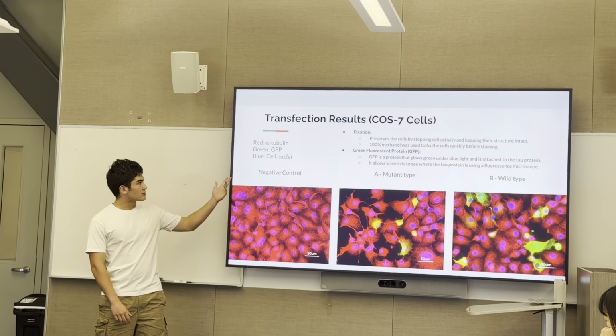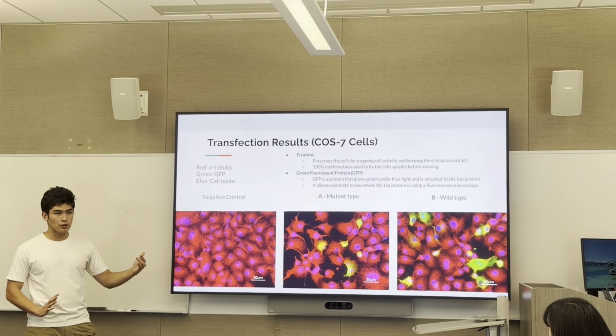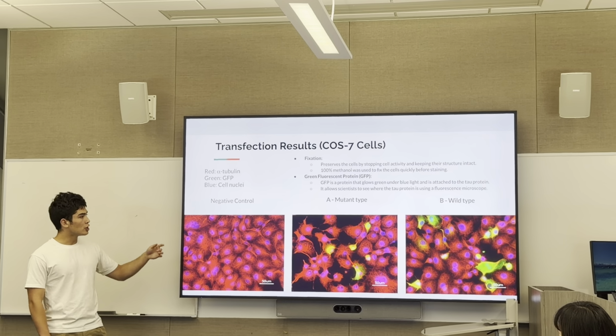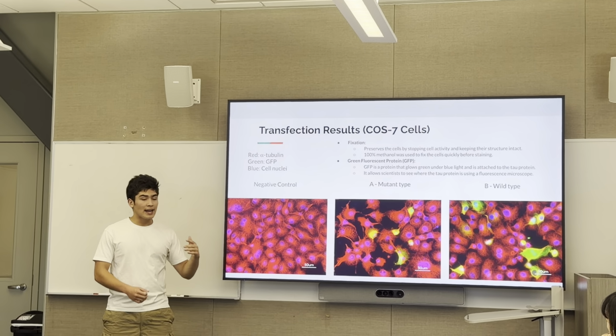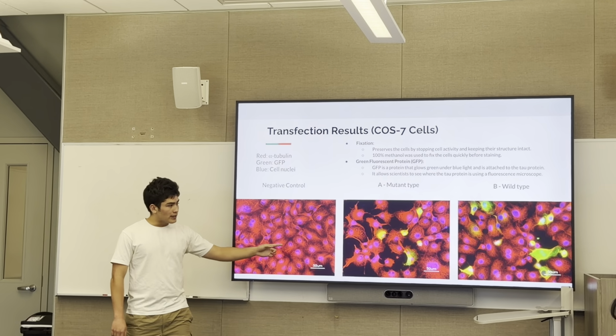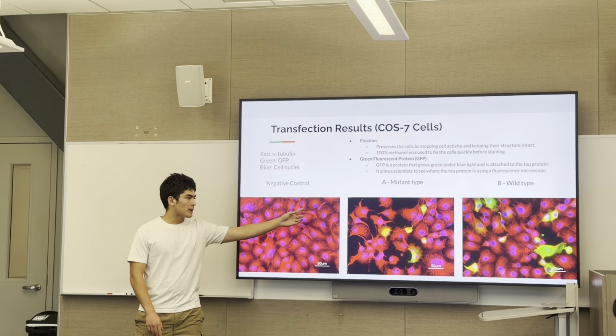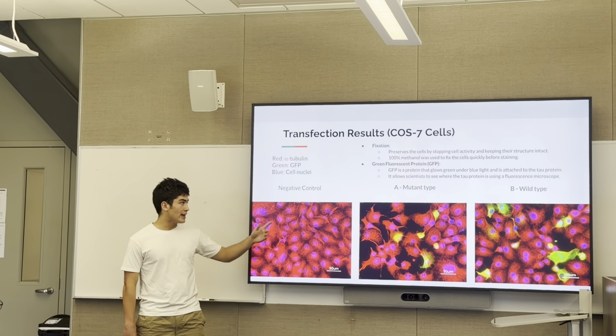So here are our results. The red color is alpha-tubulin, which is the primary protein that makes up microtubules. Green is the GFP. Our plasmids had the gene for this protein, green fluorescent protein, so it's very obvious which cells took up the plasmid, because not every cell takes it in.